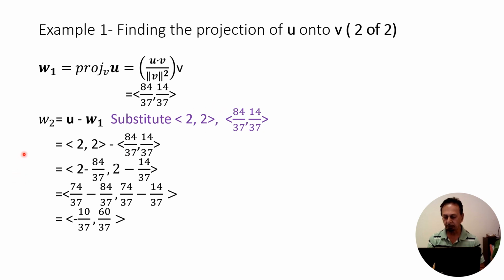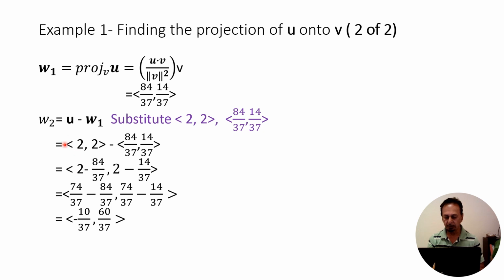So once we get the projection of U onto V, angle bracket 84 over 37 comma 14 over 37 angle bracket, then we have to find W2, and W2 is vector U minus W1. U was given as angle bracket 2 comma 2 angle bracket, and W1 we have found as 84 over 37 comma 14 over 37 with angle brackets.